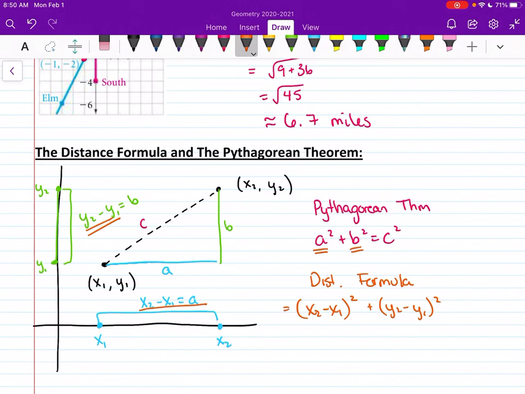Well, that's going to be c squared, right? Because c is the distance between those 2 points, or it's going to be c when I take the square root of it. Sorry, that's the distance formula.